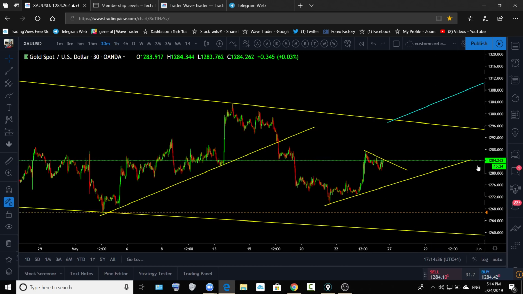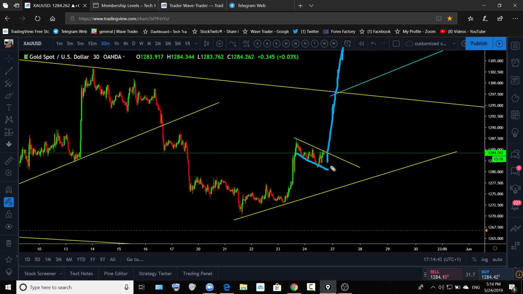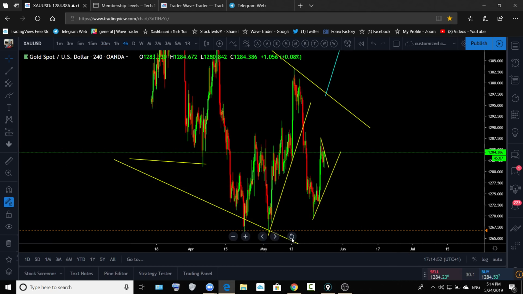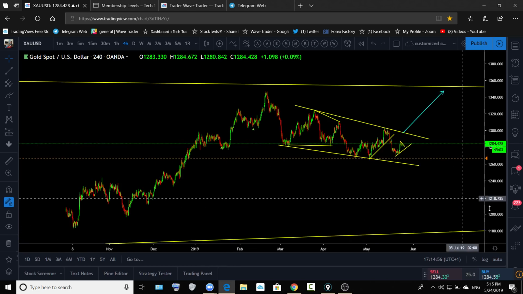This correction to break out and continue to go higher next week. If that correction is not going to break up, it goes down, testing the bottom or forming a new low. So just the reversal wedge to break up for more upside, for one more up move.